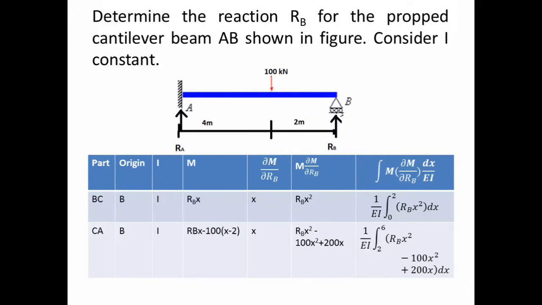Now what I have to do? I have to add this together, the last column, and equate it to 0 as per the concept of minimum strain energy or principle of least work, or also known as Castigliano's second theorem. So last column terms I am going to solve, add them together and equate it to 0.